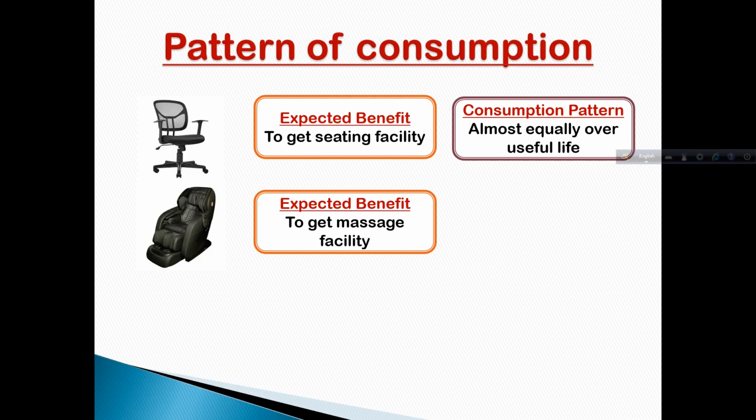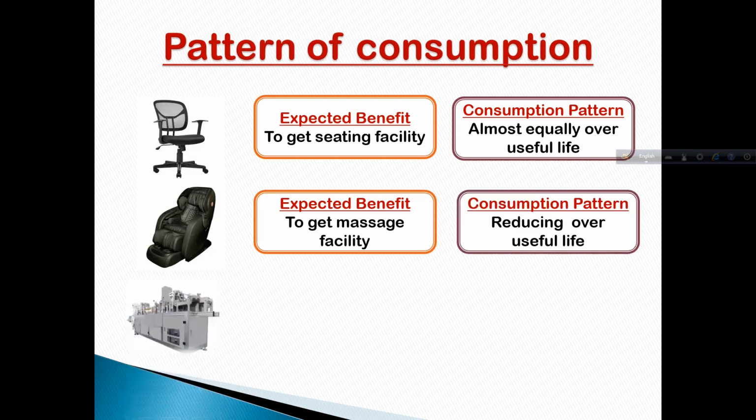Year two, lesser than the first year, year 3, further lesser than the second year, and so on. So the benefit consumption pattern is reducing. That's why you have to select the reducing balance method for this massage chair.